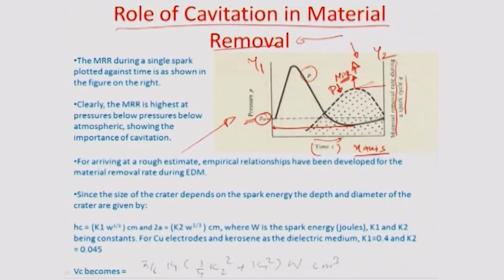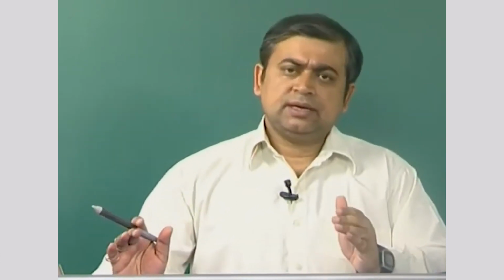So, as you know, there is always a tendency of the electrons emanated from one of the electrodes, that is the cathode in this case, to give a sort of pressure wave or a wave of compression onto the anode surface, which is the workpiece in this particular case. So, there is always an electron pressure coming from the medium onto the anode surface or the workpiece surface.